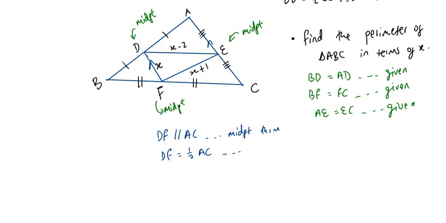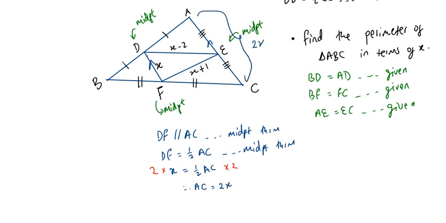Still midpoint theorem. So DF is x, and then we have half of AC. If you multiply both sides by 2, what are you going to have? Therefore, AC is going to be equal to 2x. Nice. So now you know that the length of this side is 2x.